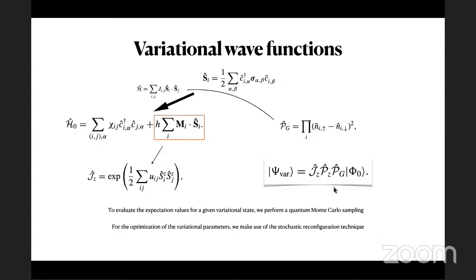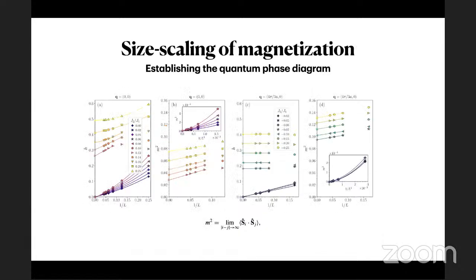In the language of Xiao-Gang Wen, you could say that you are incorporating the temporal components of the gauge field exactly. And for the optimization of the variational parameters, we make use of a sophisticated implementation of the stochastic reconfiguration technique, which is basically a glorified version of the method of steepest descent.